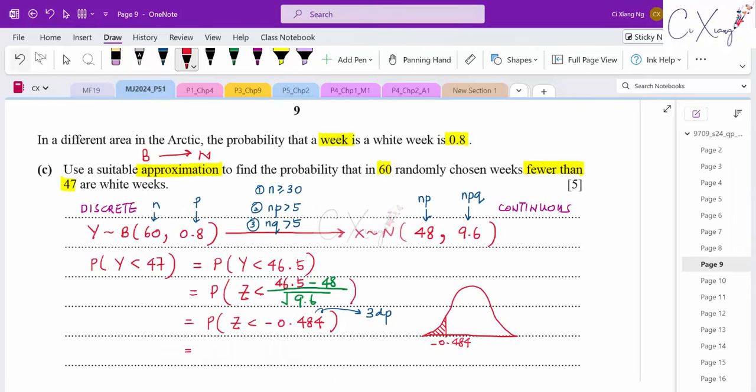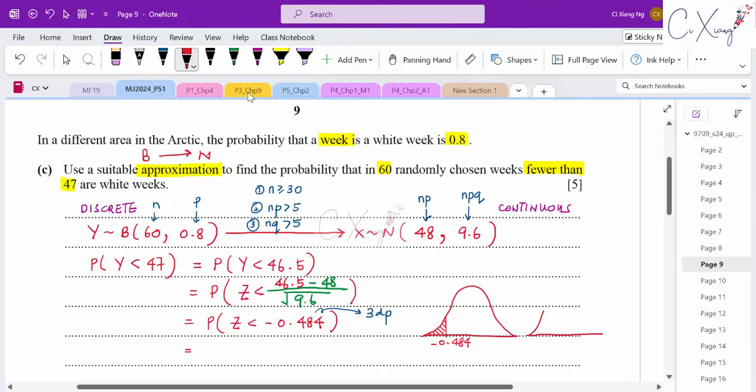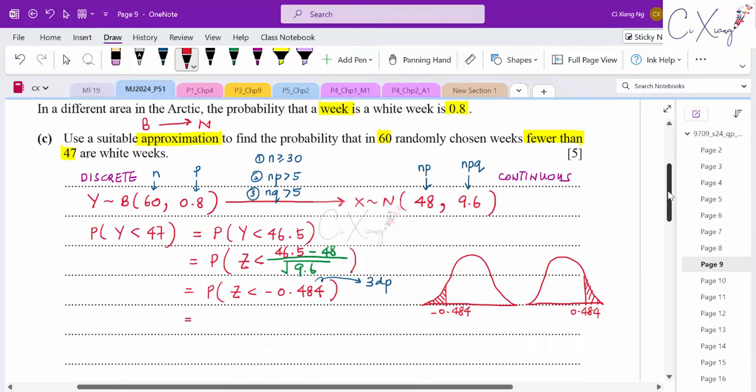Therefore, we have to think of a way to replace this area by the same one for a positive value. If you draw a similar area, it should be on the right hand side, and it becomes 0.484, and this is the area that you want to find. These two areas are the same because they are symmetrical. Then after that, only you can start the calculation.